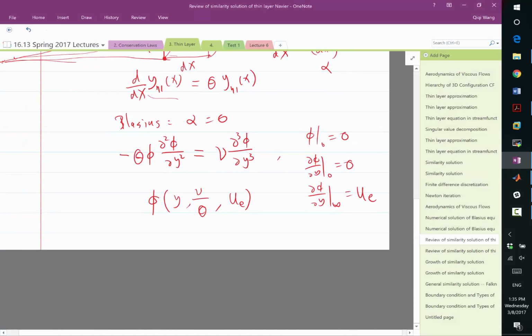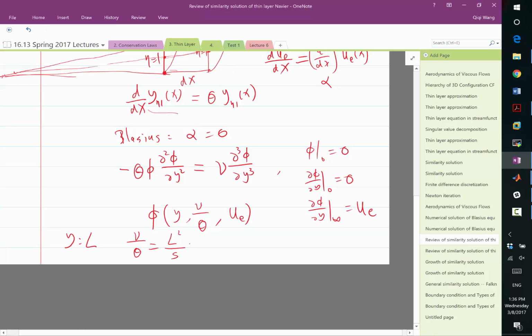So if you look at the units, y is in terms of a length unit. Nu over theta is in what unit? Okay, nu is always in L squared over S, right? That's the dimension of a kinematic viscosity. 1 over theta is what? 1 over theta is L, right?